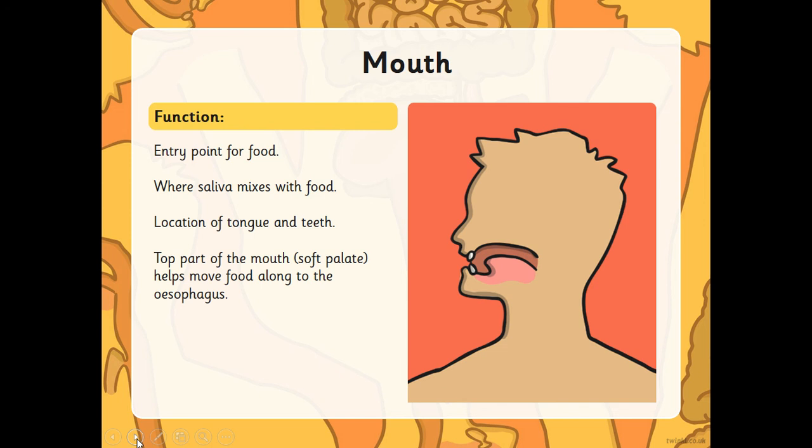And the function, the job of the mouth is where the saliva can mix with the food, and also it's got your tongue and your teeth. The top part of the mouth is called your soft palate, and that helps move food along to the esophagus. So your mouth is all to do with moving that food, mixing all that food up to get it ready to go down to your esophagus.